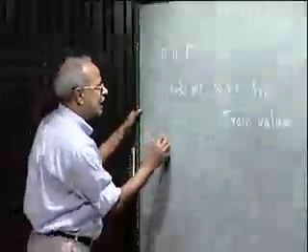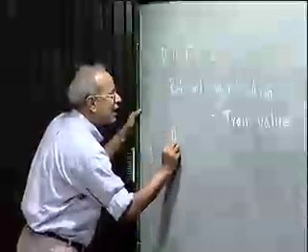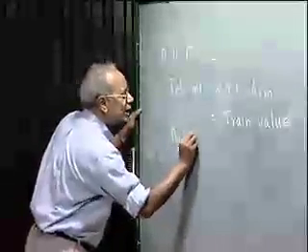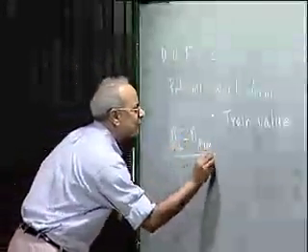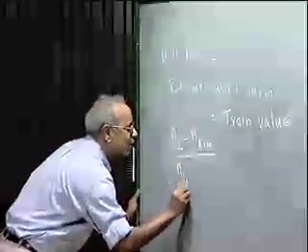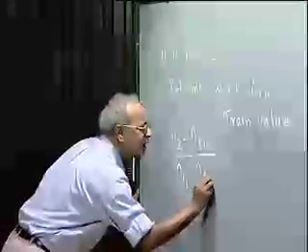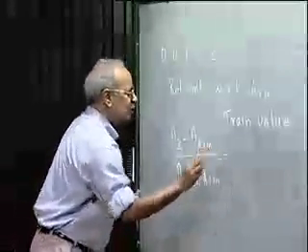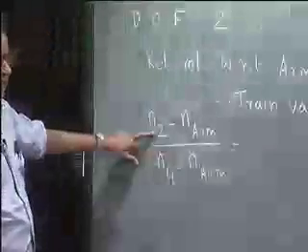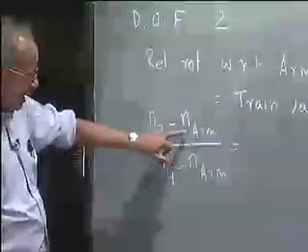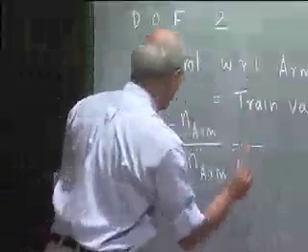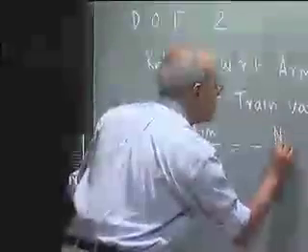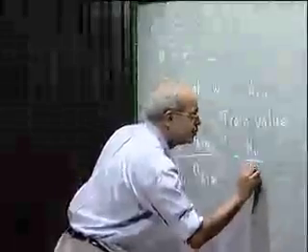Which means if I write, say, speed of gear 2 minus speed of arm, small n refers to the RPM, by N4 minus N arm, where 2 was the sun gear, 4 was the planet gear, and N arm refers to the speed of the arm. Then this, for external gearing, was given by N4 by N2.